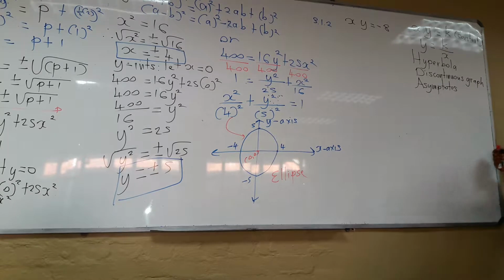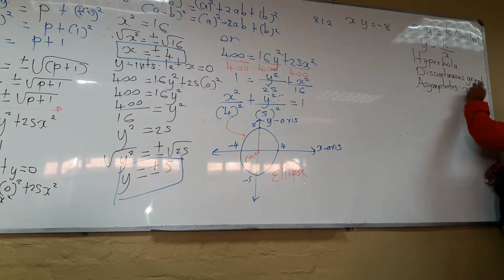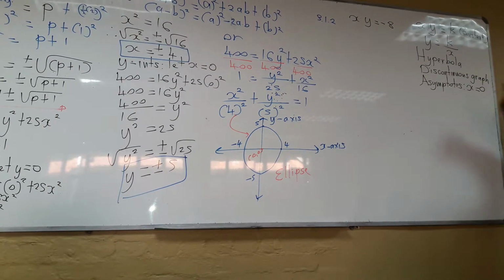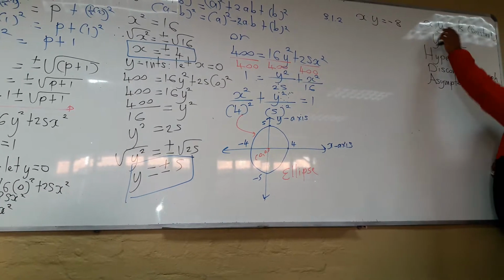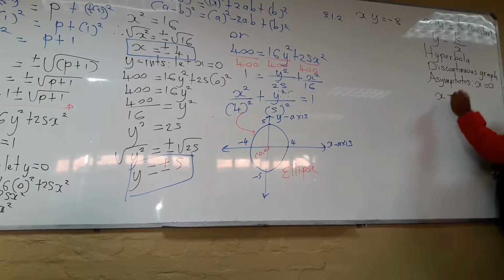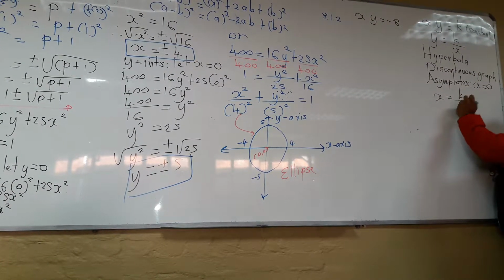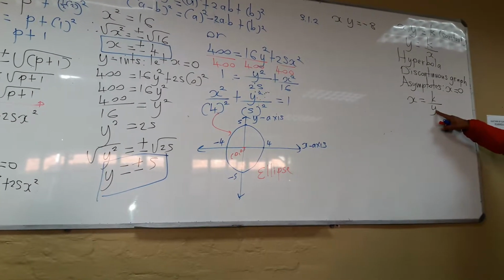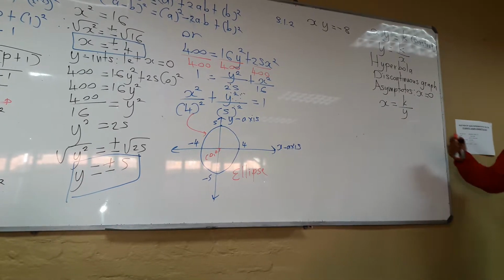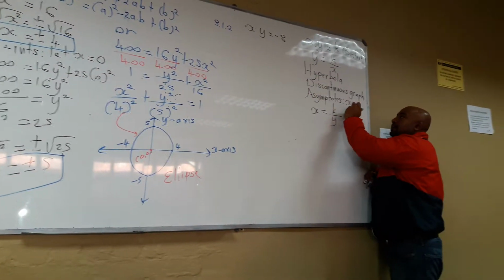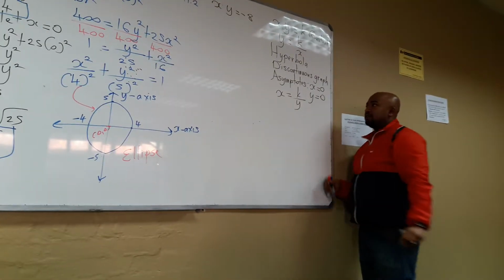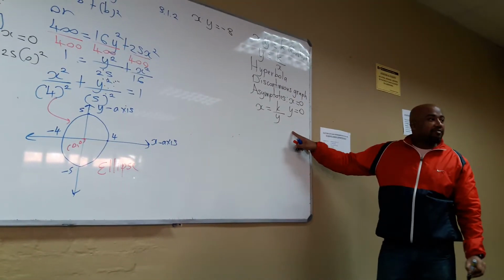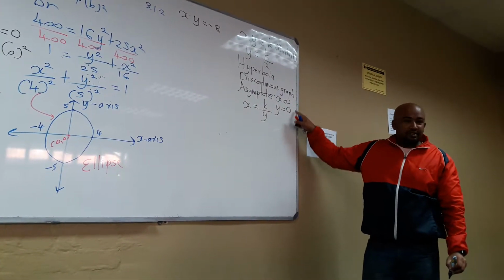Okay, so your asymptotes here, x is equal to 0. Or if I have to go back to the original and make x the subject of the formula, x is equal to k over y. So now I also cannot substitute 0 for y. So therefore your asymptotes here, y is also equal to 0. The graph must not touch these two lines here.